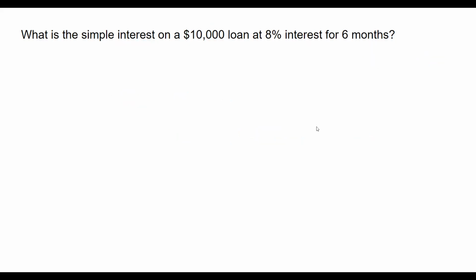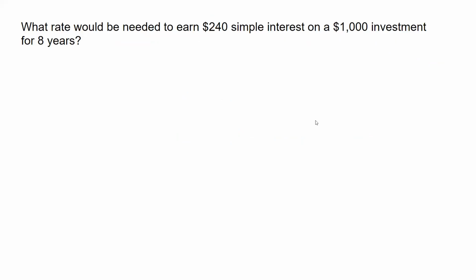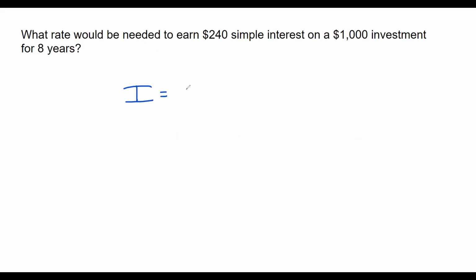Next problem. What rate would be needed to earn $240 of simple interest on a $1,000 investment for 8 years? This problem is a little bit different. This is the most complicated kind of problem that you might run into. But let's write our formula and see what happens when we identify the pieces.